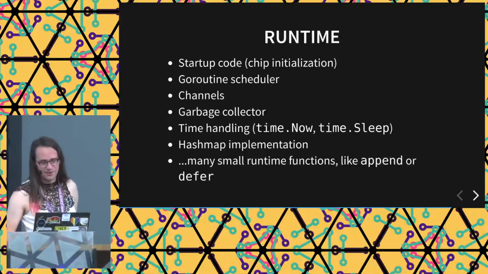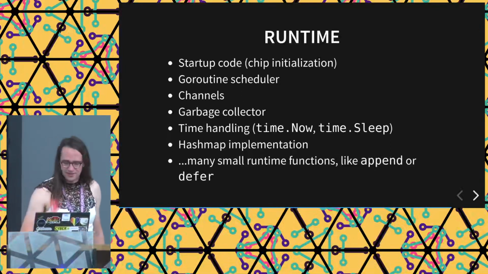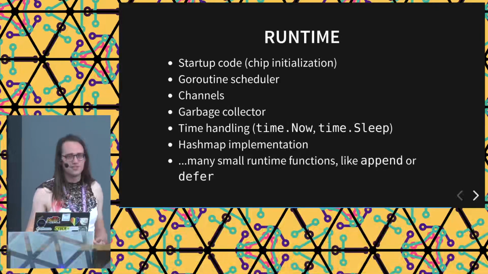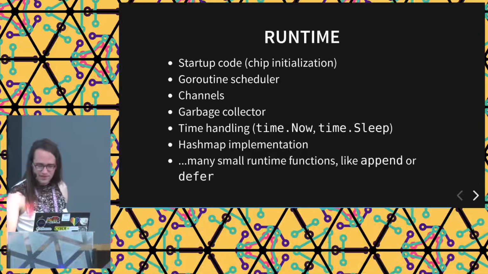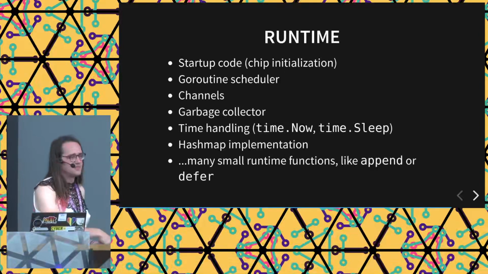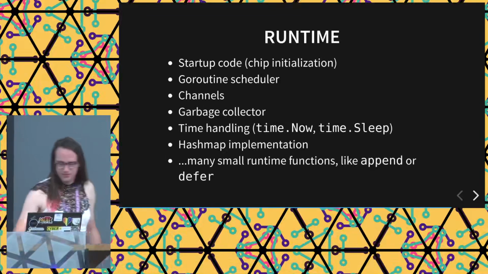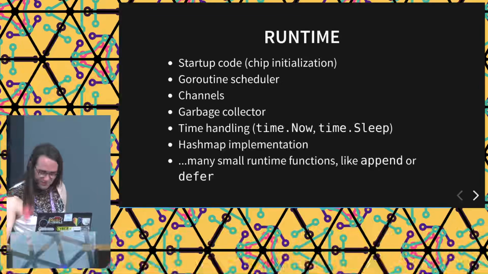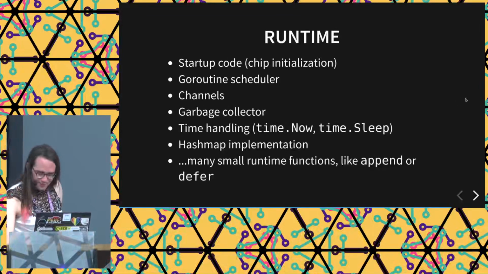And of course, other things like the hash map implementation, which is of course optimized for size instead of for speed, and many other small things that are just a little bit too complicated to do directly inline, so they're separate functions. So yeah, that's the runtime.